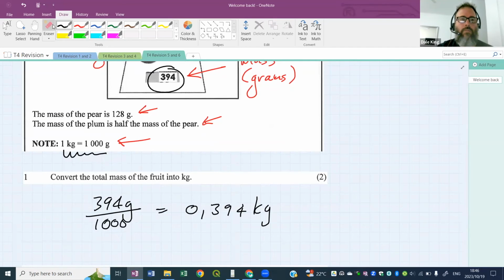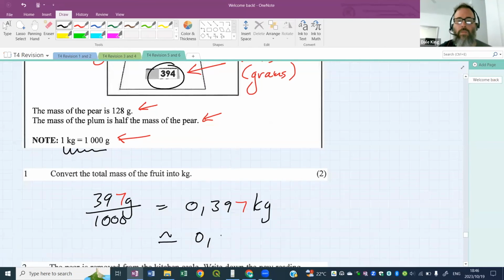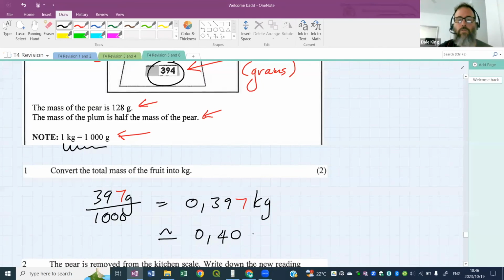Now, what if this wasn't 4, it was 7? Well, the instruction in the front of the paper says that you have to round off to 2 decimal places. So in this question, for this answer, we will need to round off to 2 decimal places, and that will become 0.40 if it was 397.